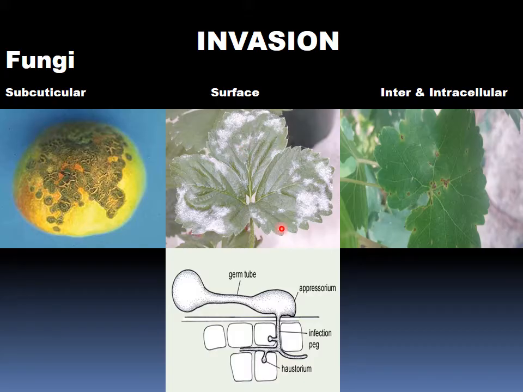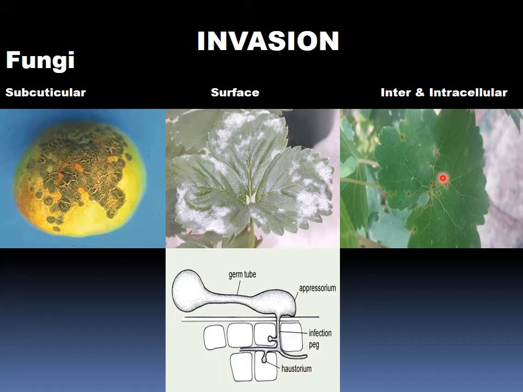The fungus obtains its nutrients from the host cell with the help of haustoria, which are root-like structures that obtain the nutrients from the cell, and then these nutrients are given back to the mycelium, which grows, but the mycelium never enters inside the host cell.